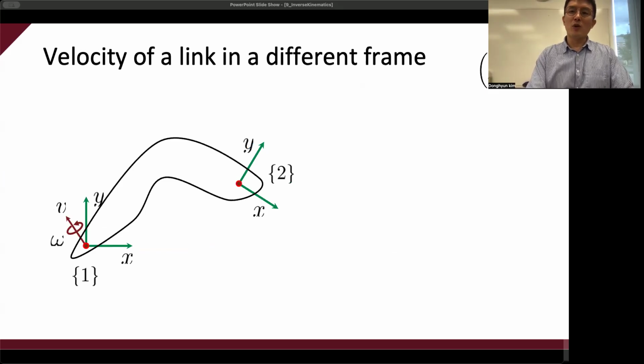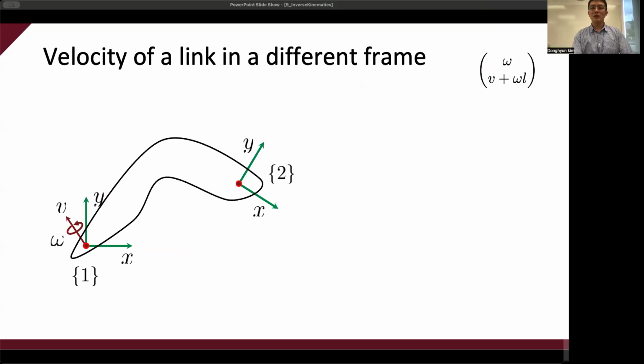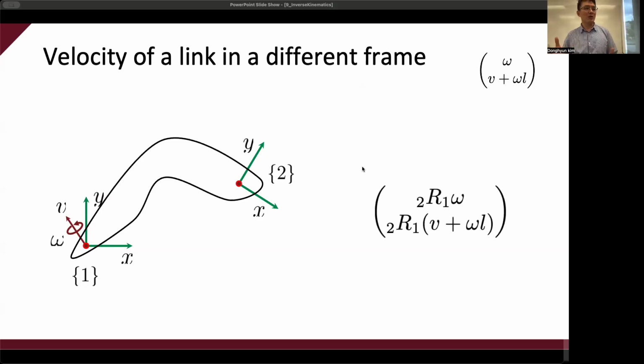We also know that linear velocity, and actually angular velocity as well, is not consistent in every place. What that means is that as you change the frame, the x directional velocity can be seen as the y directional velocity. It depends on how you define your x-axis and y-axis. That's a frame transformation, and we have a nice way to concisely represent this frame difference, which is the rotation matrix, right?